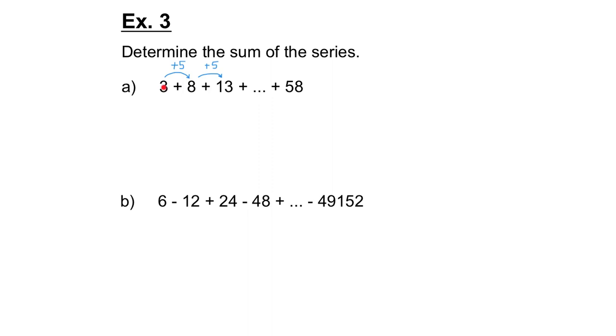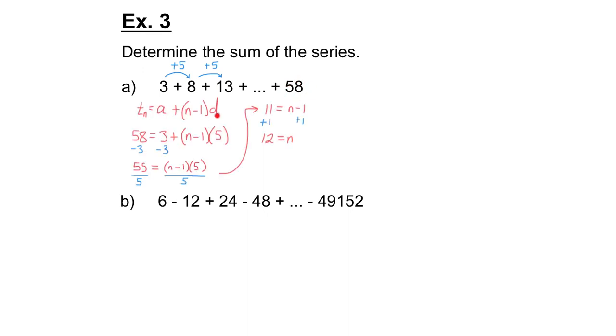So if I want to find the sum of all of these terms in this series, I have to first figure out which term this is. So I can use this formula to find what n is. I know the term value is 58 here, but what term that is, I still don't know.